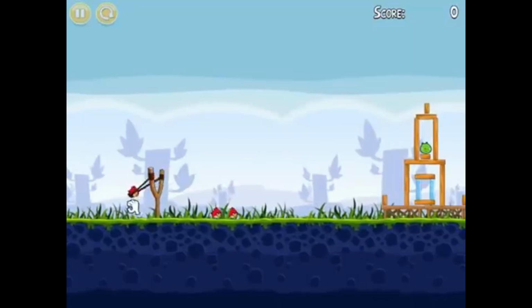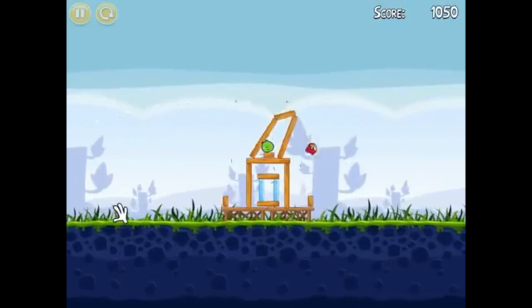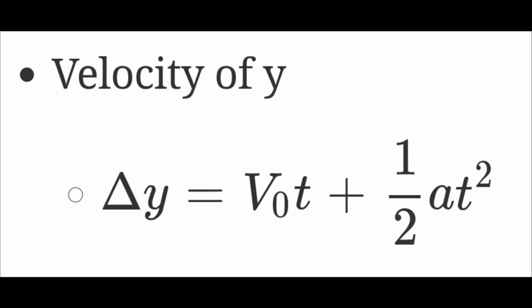Something different. Something better. How about Angry Birds physics, 2D projectile motion? So for this, we're going to have to know what the velocity of y is going to be. And that's this equation here, where delta y is the change of the y value.